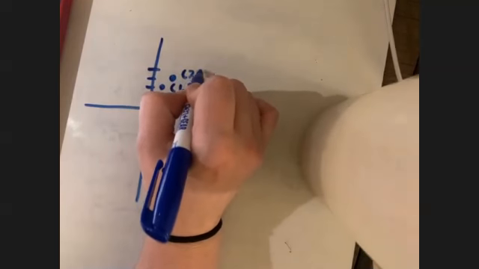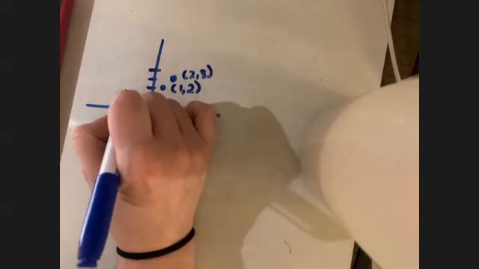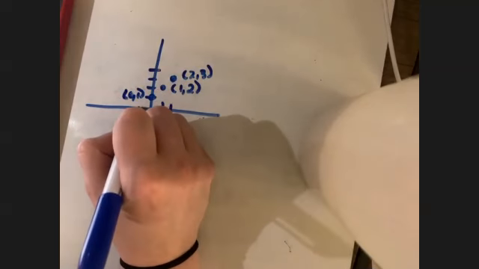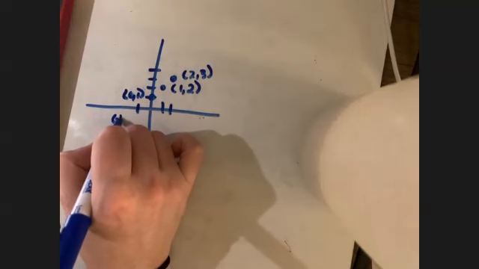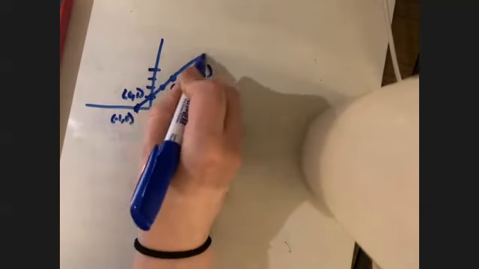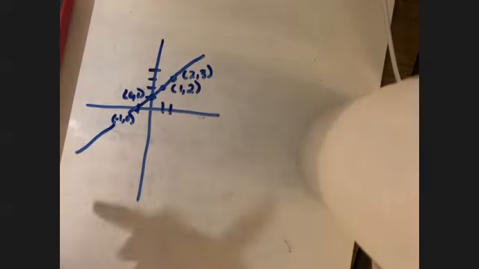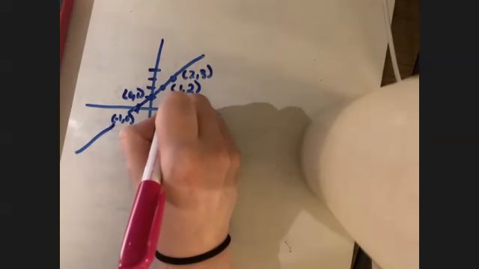So this is 2, 3, which means I'm going to have this point, which is going to be 0, 1, and then I'll have another point down here that's going to be -1, 0. So here's our line. Now, for the inverse, if I switch them, this is now going to be the point 2, 1.